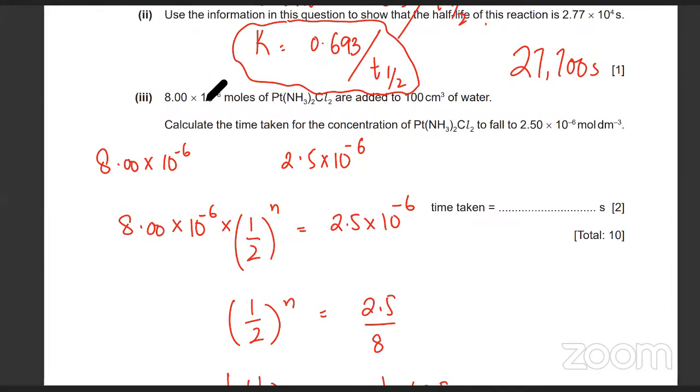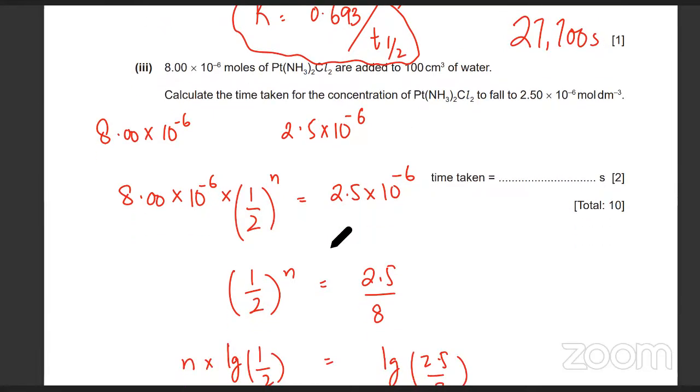8 into 10⁻⁶ moles at the beginning. Okay, that's what I was thinking. Why did they go into log? Because people who are taking bio wouldn't be able to get log. Okay, we made a mistake at the start.